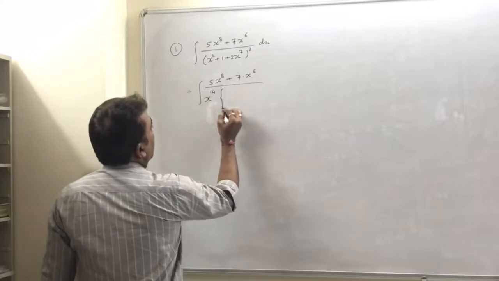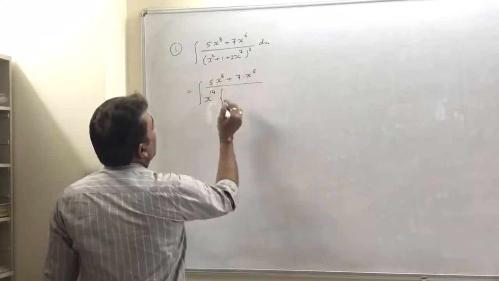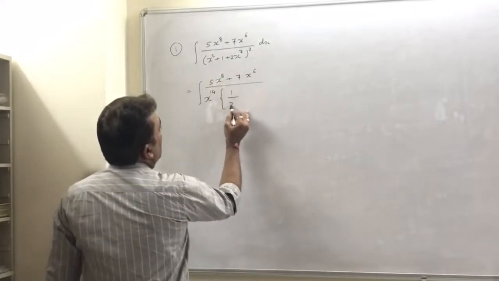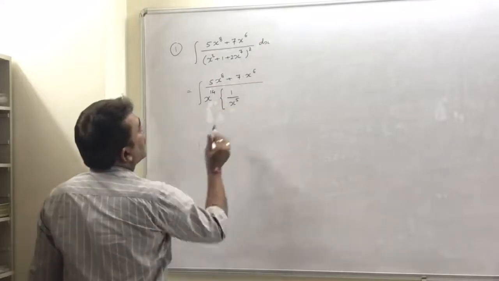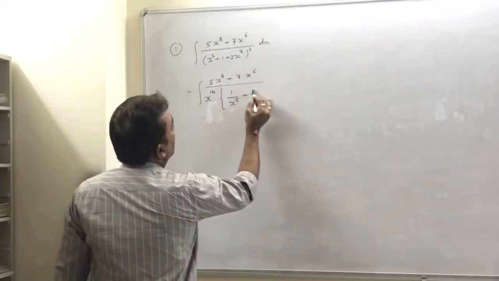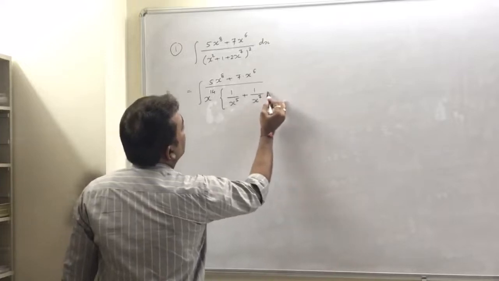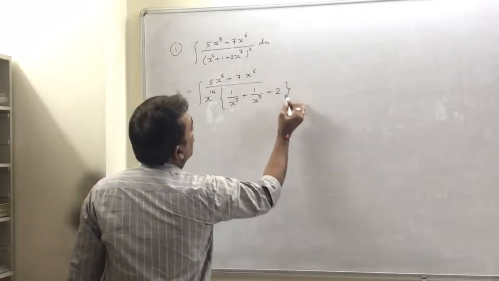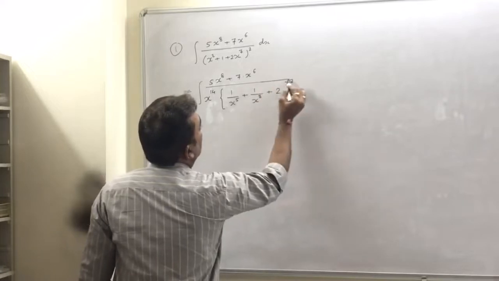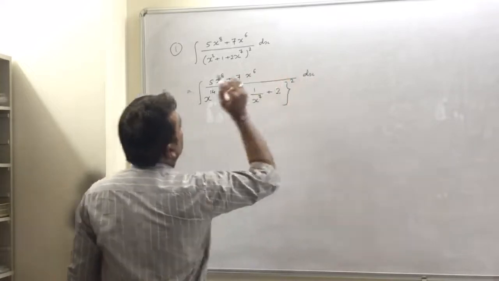And inside, 1 upon x^5 plus 1 upon x^7 plus 2 whole square dx.